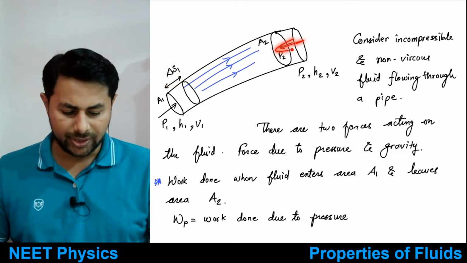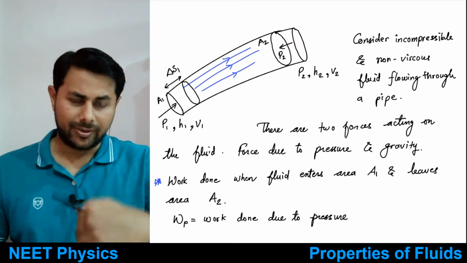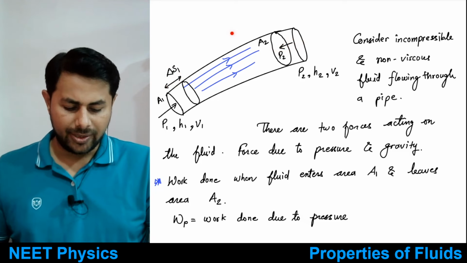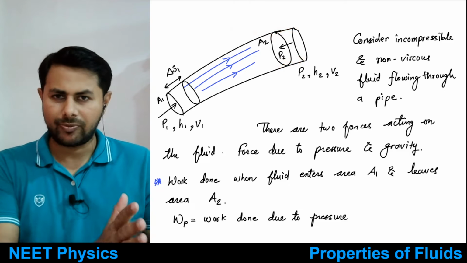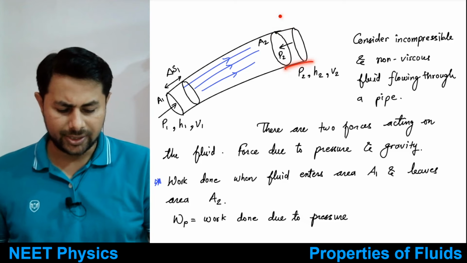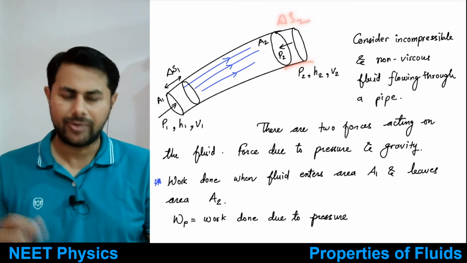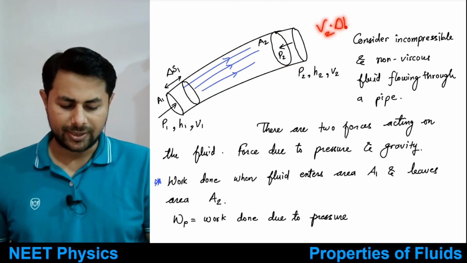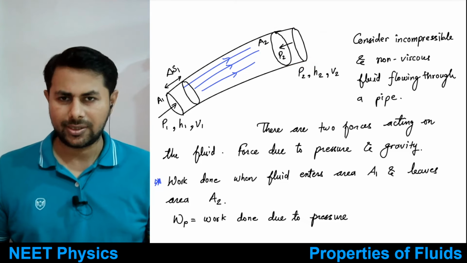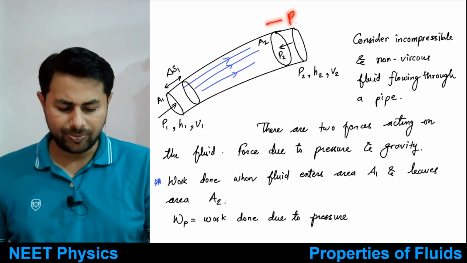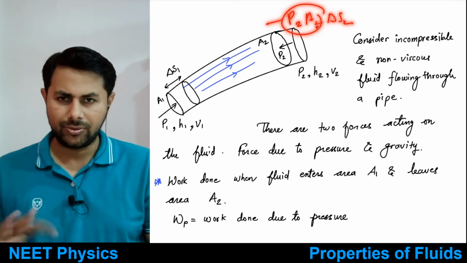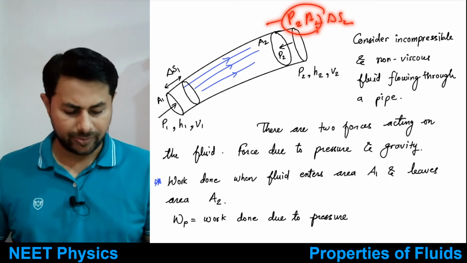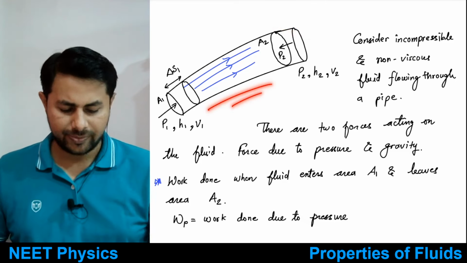On this end the force is opposing, so it is minus P2A2. Against that force the fluid moves with some velocity v2, covering a distance delta s2 equal to v2 multiplied by delta t. So the work done in this case is minus P2A2 times delta s2, where P2A2 is the force. Is this thing clear, everyone?